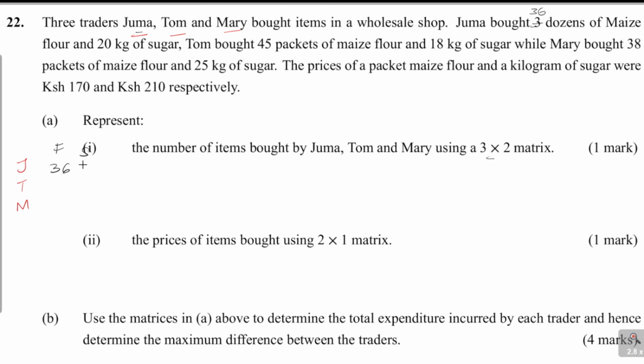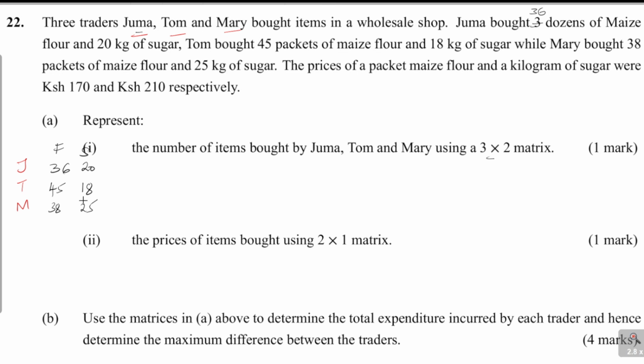So 20 kg of sugar. Then for Tom, 45 packets of maize flour and 18 kg of sugar. Mary, 38 packets of maize flour and 25 kg of sugar.